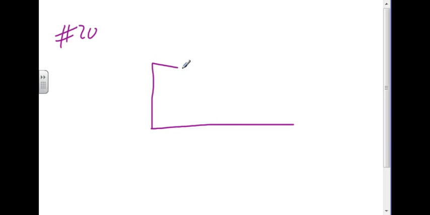Okay, we're going to look at 20 next. Find the width x. Okay, number 20.